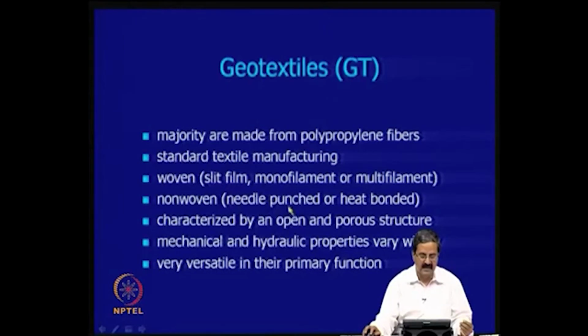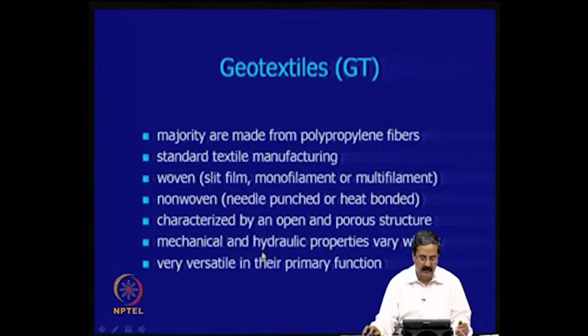Then they can even be needle punched to stitch them together. Some of these materials are characterized by an open and porous structure, because the application of geotextiles is most of the time permeability and separation, and so we need this sort of open and porous structure.